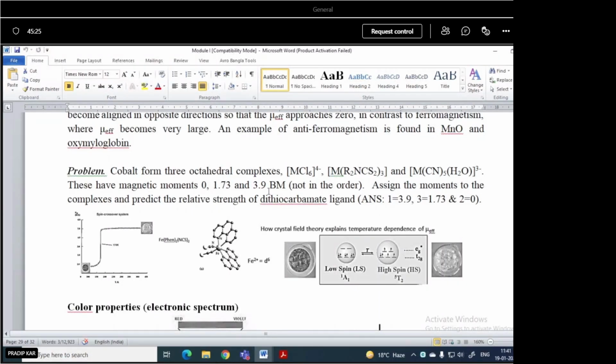Then you know the number of free electrons, and then you can know which one has which value. Try to solve this problem.